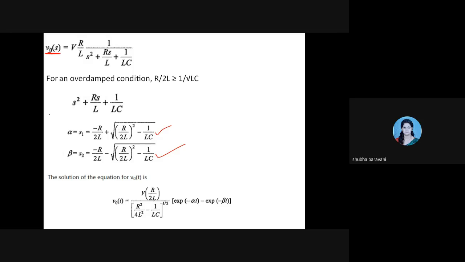So it is VR by 2L, divided by square root of R square by 4L square minus 1 by LC, into e raised to minus alpha t minus e raised to minus beta t. Alpha and beta we have already calculated.